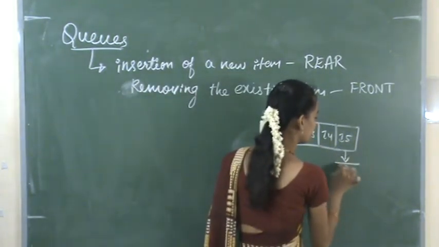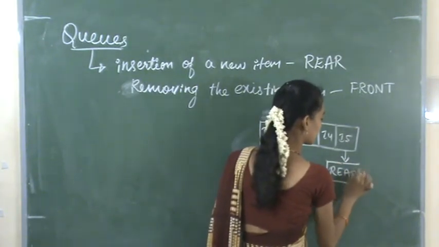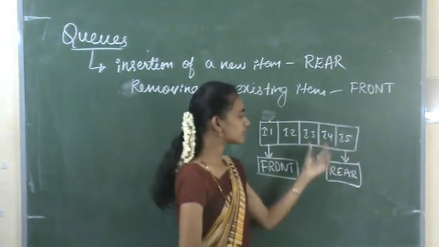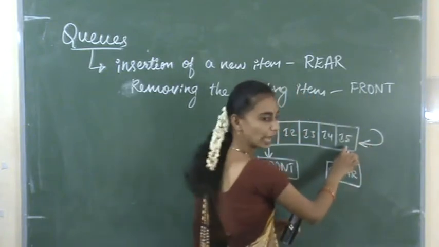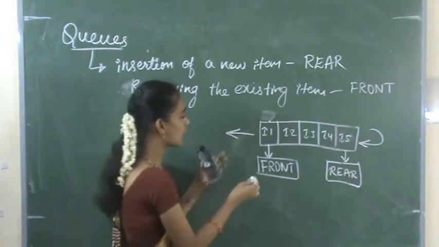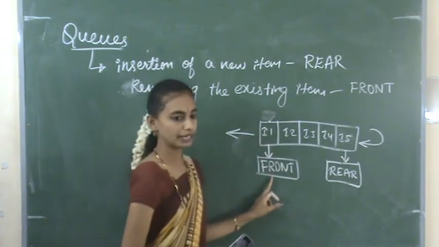This is the rear end, where we insert an element. If you want to remove an element from the queue, we use the front end.